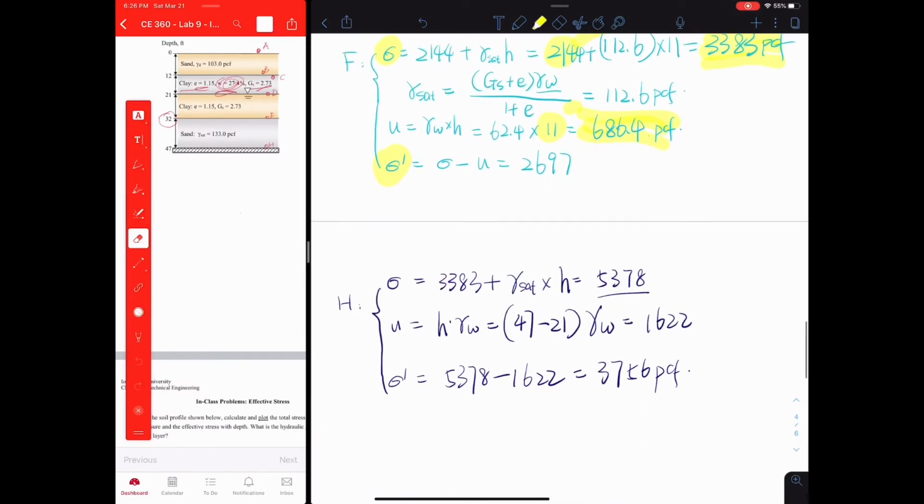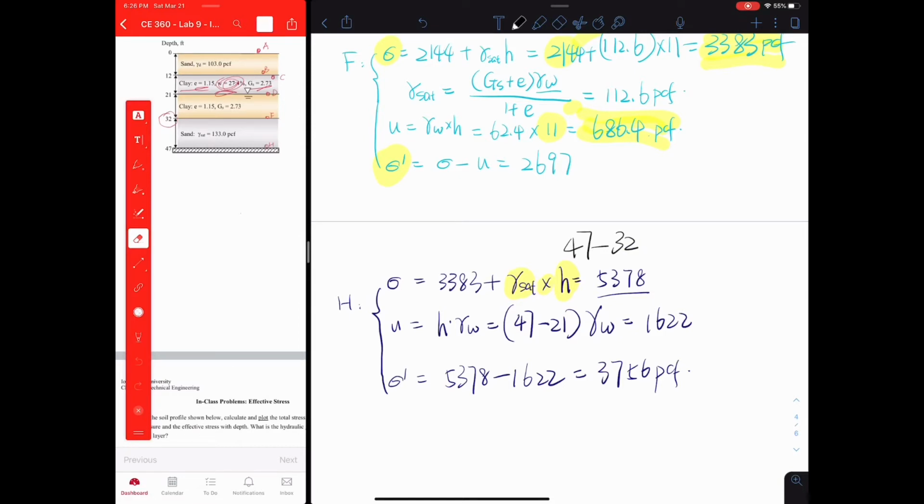For the last point, it's very easy again. Gamma sat is given here, and we multiply it by H. The H is now 47 minus 32, which is 15.